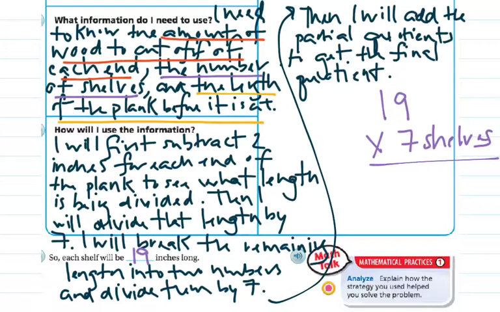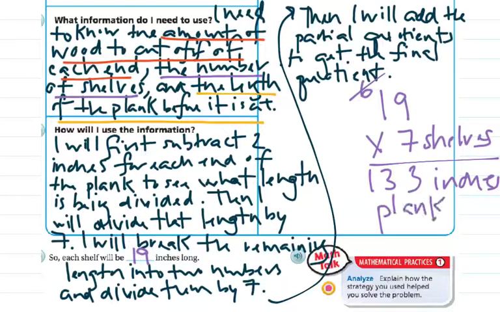We should get the original board length left over after the 2 inches were subtracted off each side. So 9 times 7 is 63. We regroup the 6. 7 times 1 is 7. Plus the regrouped 6 is 133 inches. And that was the length of the plank after we cut off the 2 inches on both sides.